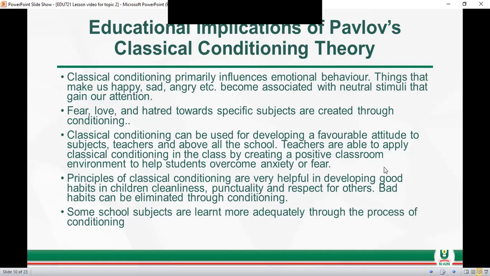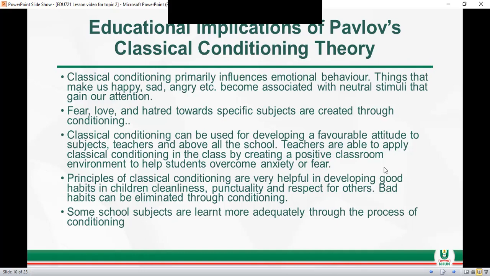Third point: classical conditioning can be used for developing a favorable attitude to subjects, teachers and schools. Teachers can apply classical conditioning in the class by creating a positive classroom environment to help students overcome fear or anxiety.